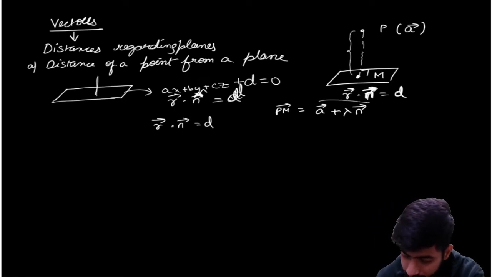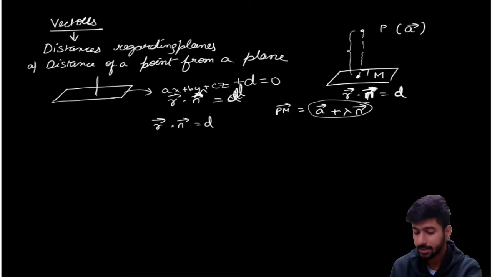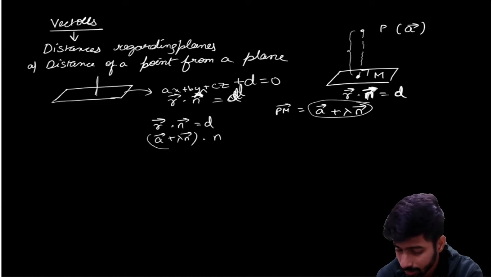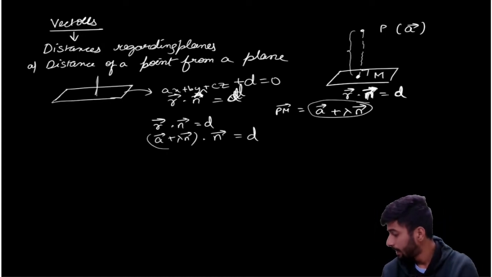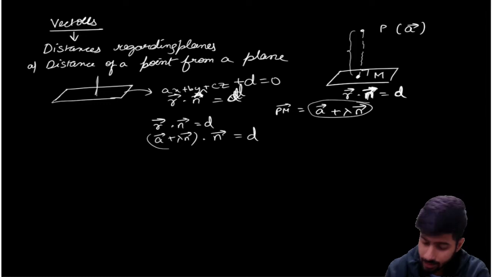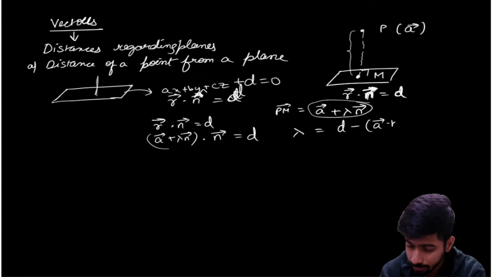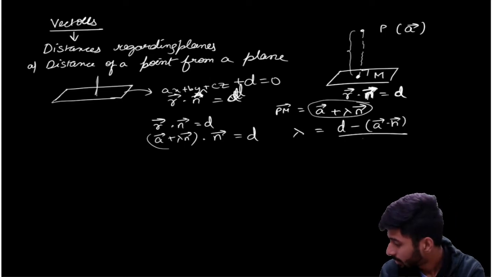So a bar plus lambda n bar, which is your r bar, dotted with n bar, is equal to d. Solving this, you'll get the value of lambda to be d minus a bar dot n bar by mod n square.